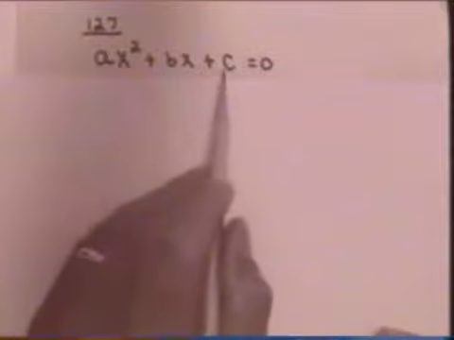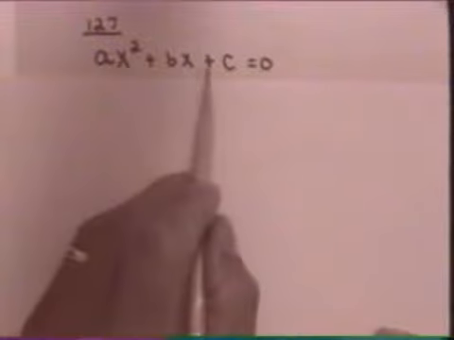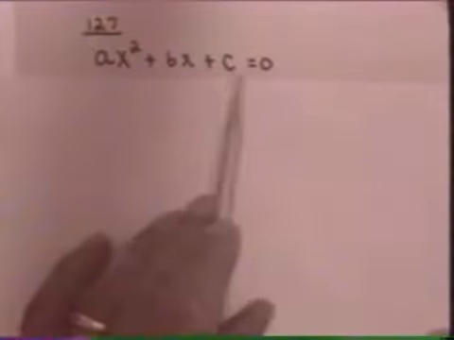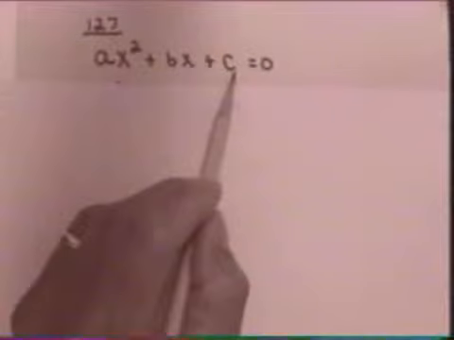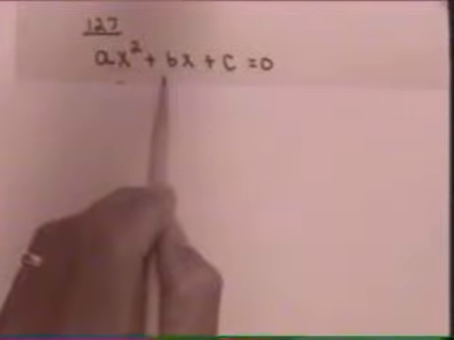We're going to start with the standard form of the quadratic equation: ax squared plus bx plus c is equal to 0. The first thing I'm going to do is to divide every term by a. Or another way of doing it, I'm going to divide both sides by a.